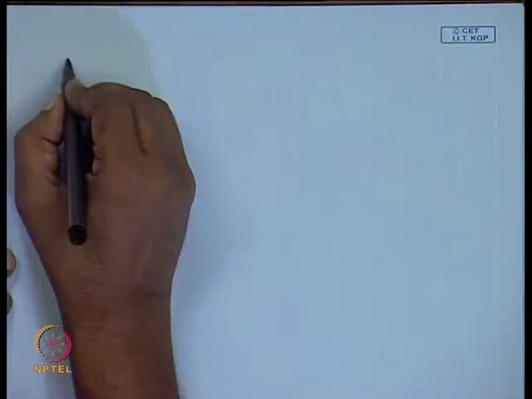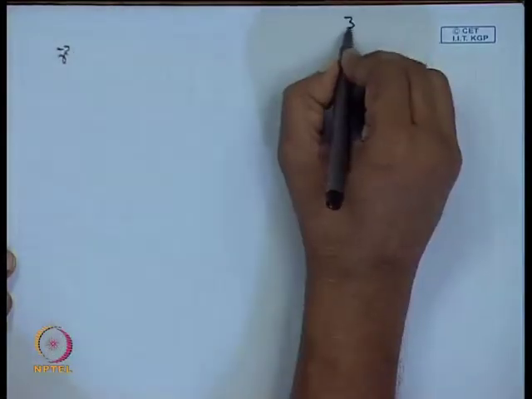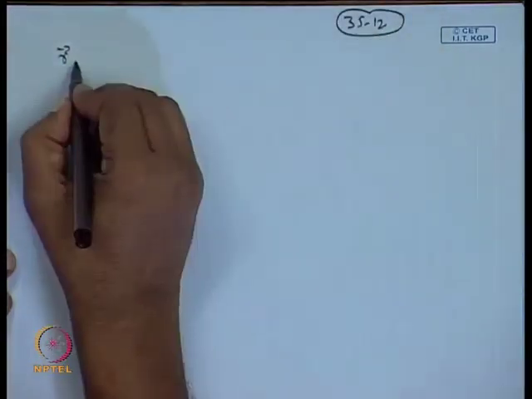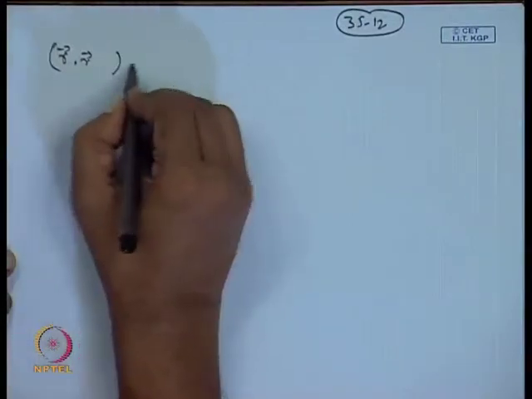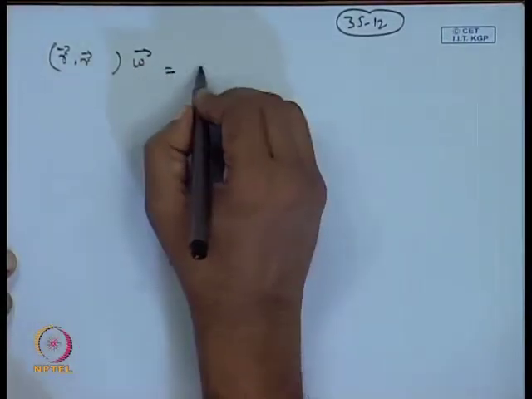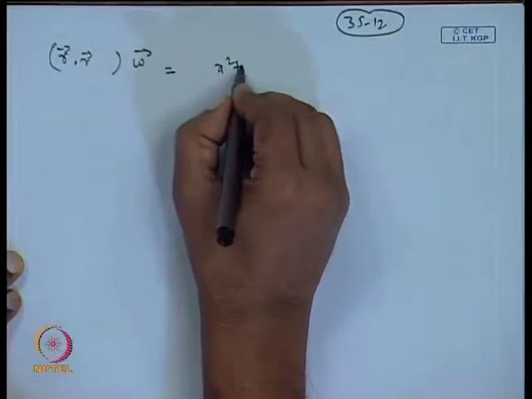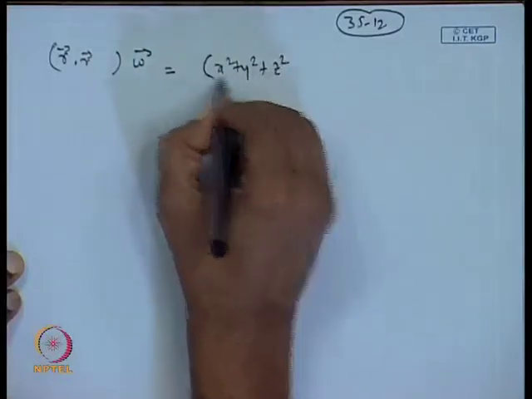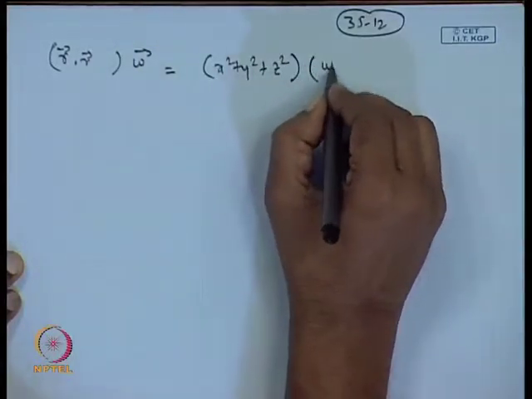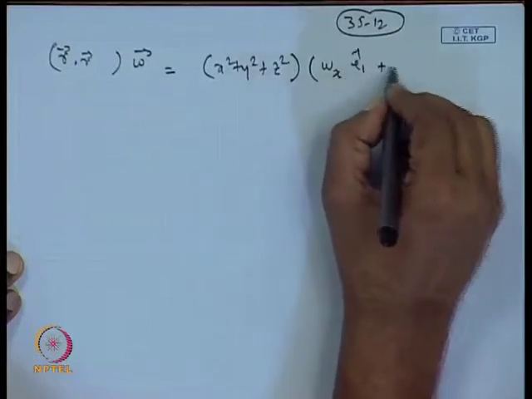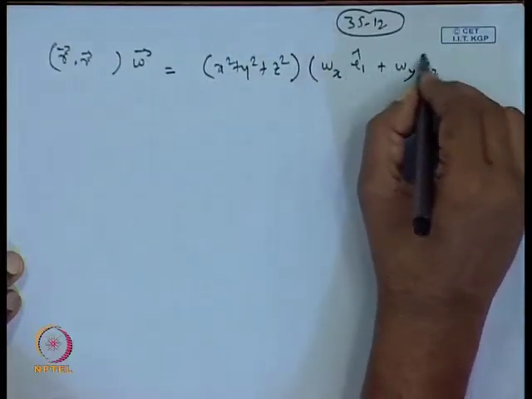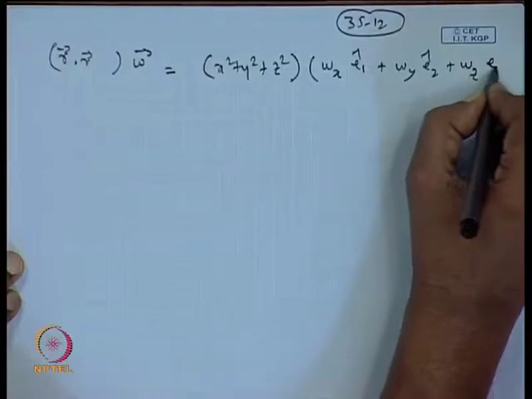Okay, finally, r dot r times omega, this will be x square plus y square plus z square times omega, which is omega x E 1 cap, omega y E 2 cap and omega z E 3 cap.